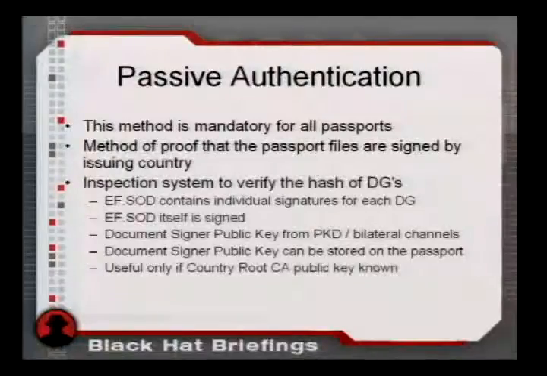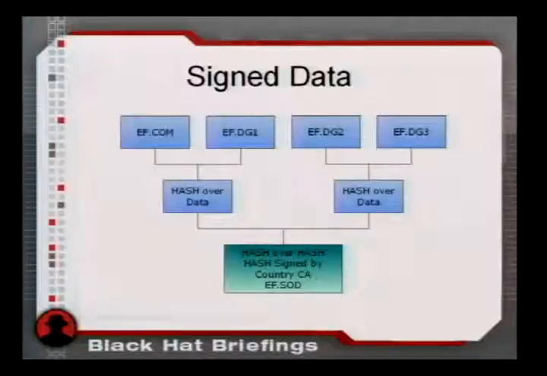The document signer public key comes from the PKD or bilateral channels, and the document signer key can be stored directly on the passport. Useful if the country root certifying authority is publicly known. So this is the structure. They are building hashes over each data group. All these hashes are stored and also hashed in an EF.SOD, and the EF.SOD is signed by the issuing country certification authority.